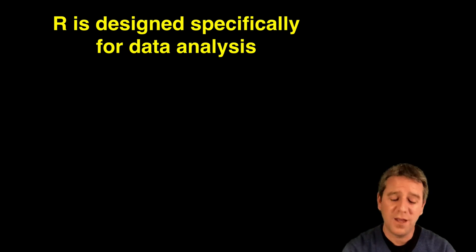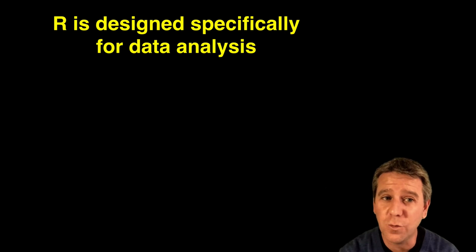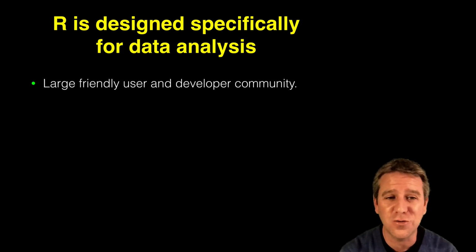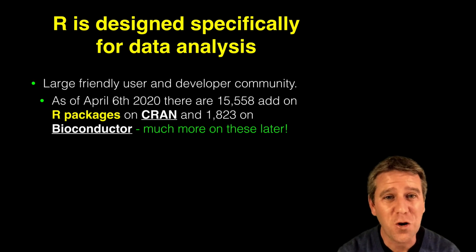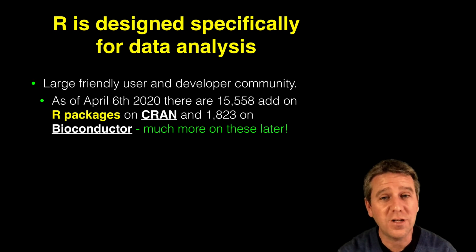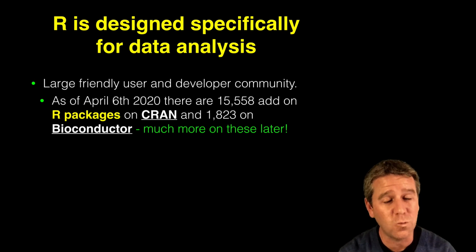Now, R also benefits from a very large developer community. As I said, it's designed for data analysis and graphics. It's the kind of lingua franca of data science, if you will. It's got this very large and user-friendly developer community. As of the day of recording here, there are over 13,500 add-on R packages on CRAN, that site where we downloaded R from.